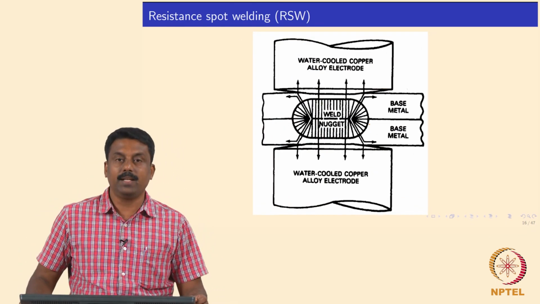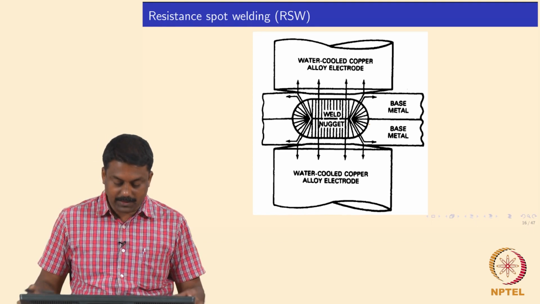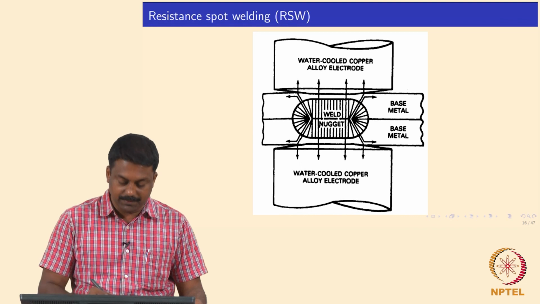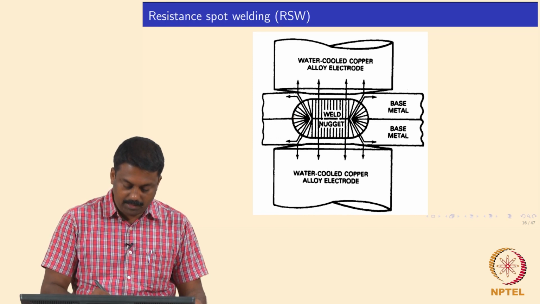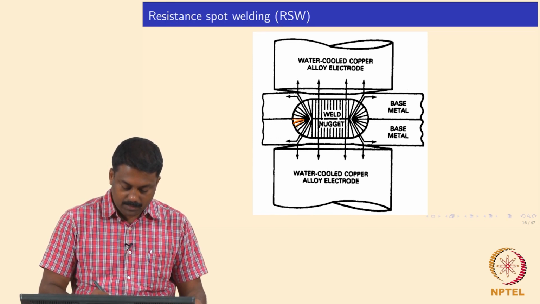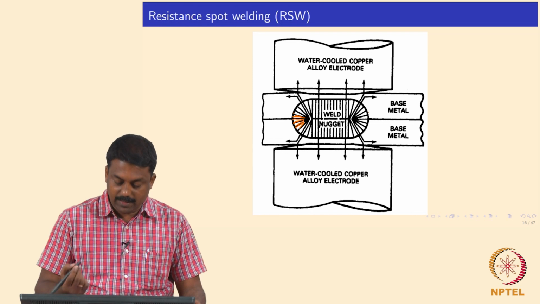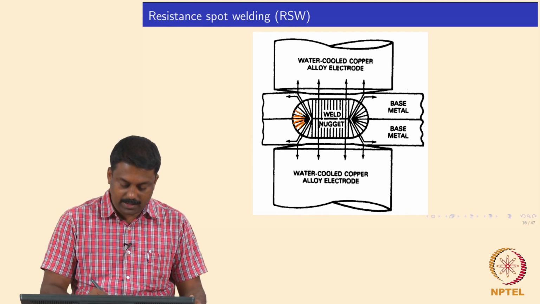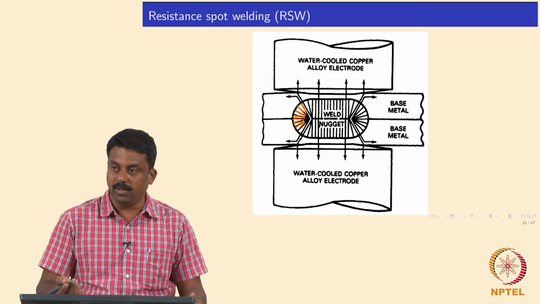If you look at the schematic of the weld nugget which is actually formed, you always have a columnar growth from the fusion boundary. This is again the base material and the copper electrodes. If it is liquid, then you will have a columnar growth formed from solidification from the fusion boundary, and in a steel or even aluminum alloys you always have a segregation at the liquid which is left unsolidified.